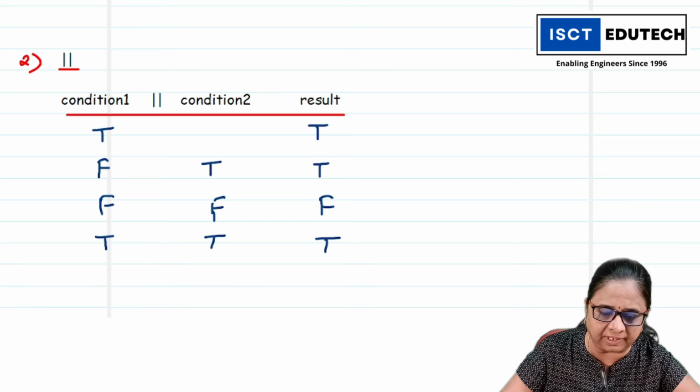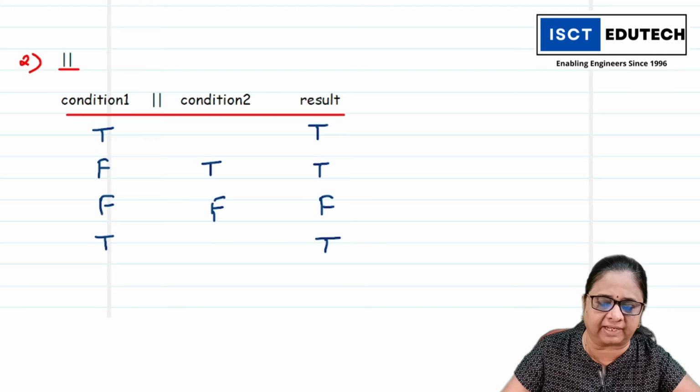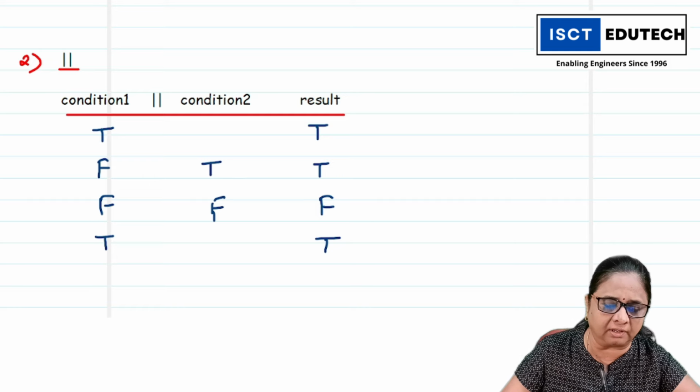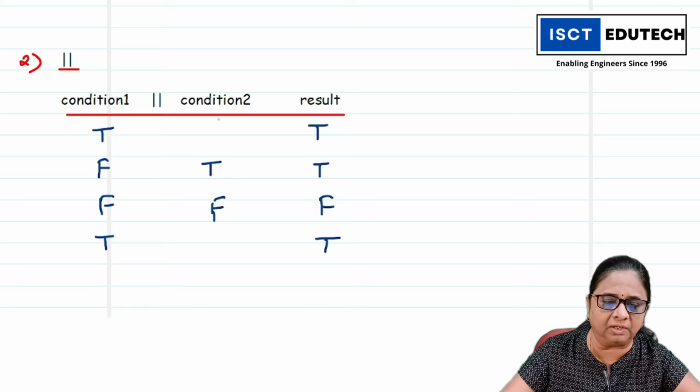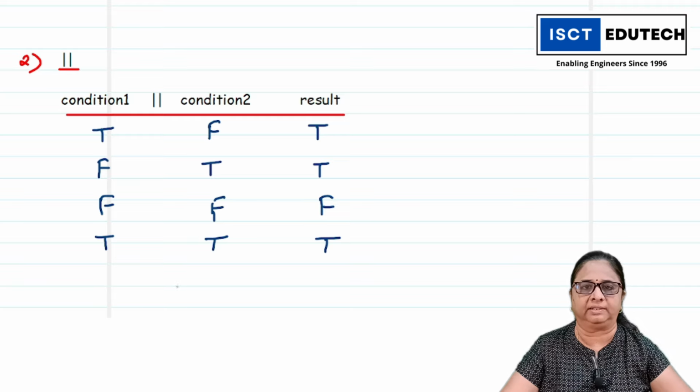And again, as I said previously, it need not check for the second condition because if the first condition is true, it's enough to take it to the true part irrespective of the second condition. But just for your clear understanding, you can write it. T or F is T, F or T is T, F or F is F, T or T is T.